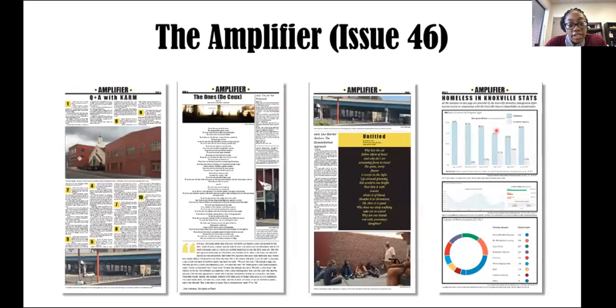And then on the back page, we included graphics about why exactly people are homeless. It's not because they can't afford it. It's actually because of mental health. And some people want to stay on the streets, believe it or not. But yes.